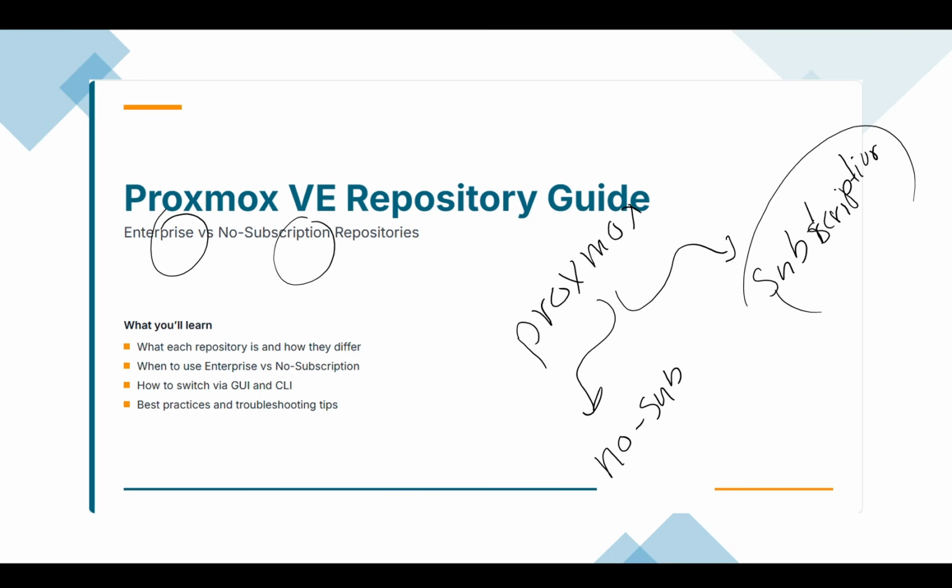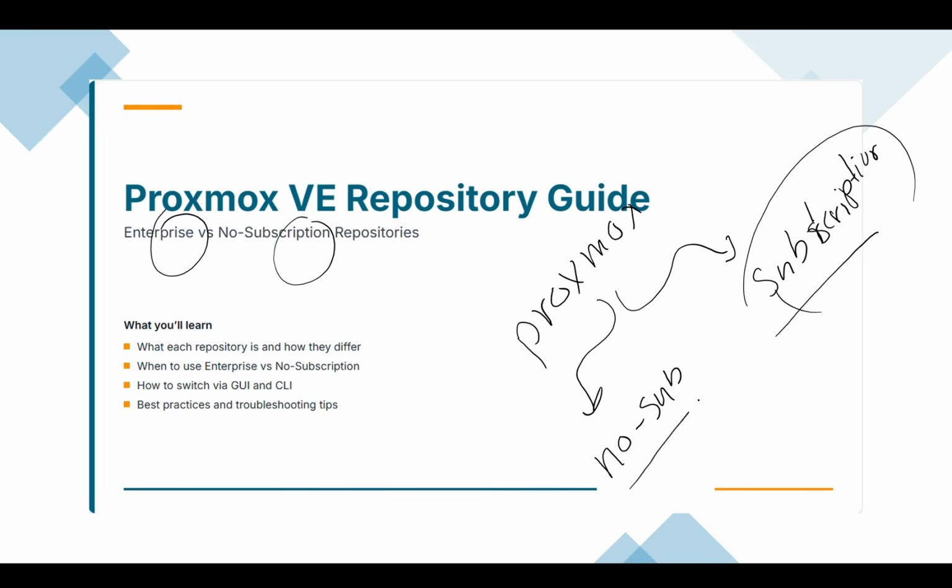It is designed for production environments and companies that purchase an official subscription for the Proxmox server. The advantages are that it's highly tested and updated, it has stable packages, and it's recommended for production infrastructures. But the enterprise repository requires a paid subscription.